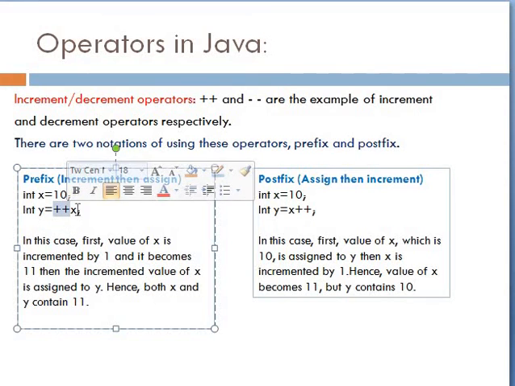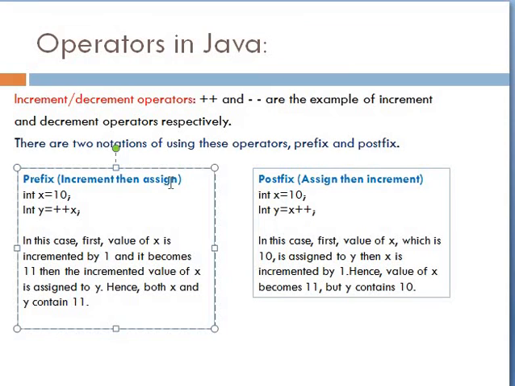Now once the increment has been done, as per the prefix notation, we shall assign the value of x to y. As the value of x is now 11, 11 shall get assigned to the variable y. Now y shall hold this value of x, which is 11, and this has been clearly explained here. First the value of x is incremented by 1.